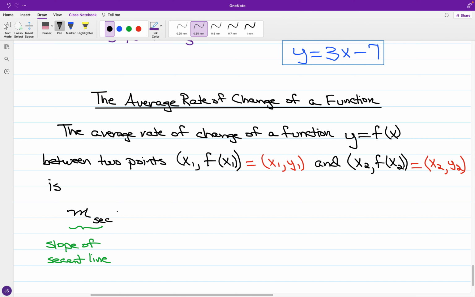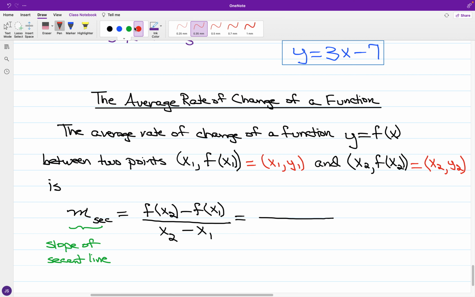And for the slope of the secant line, okay, so you're looking at, again, vertical change with respect to horizontal change. So like f of x2 minus f of x1 over x2 minus x1.